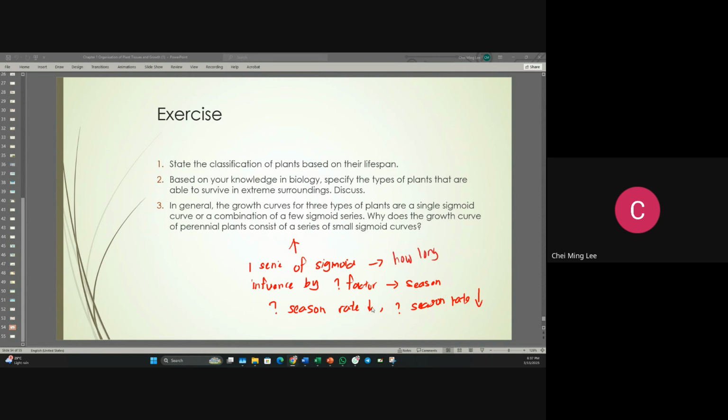Sorry, I got this one wrong, it's the other way around. You understand what he is trying to say? He said you need to mention why a perennial plant has a series of small sigmoid curves. Why does the perennial one have lots of sigmoid curves? You need to mention this.